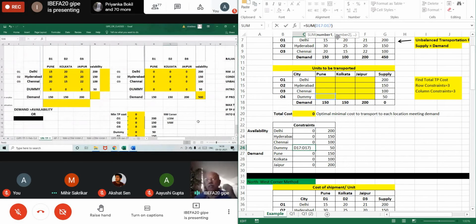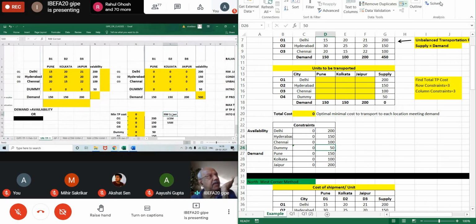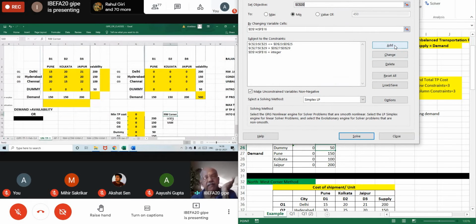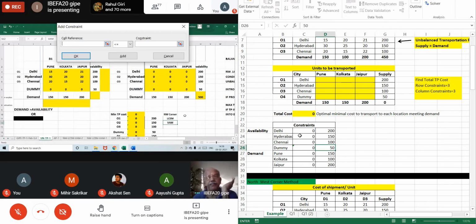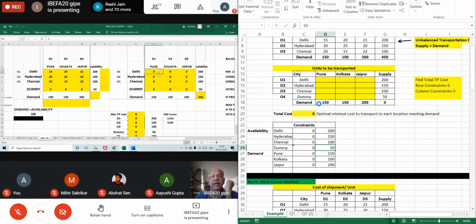So I have made the constraints. So I will be doing first northwest corner method. Those who were absent and those who didn't understand last time, they can have a repetition today. I am applying the northwest corner method on my allocation matrix. Here, starting from left top to right bottom allocation.